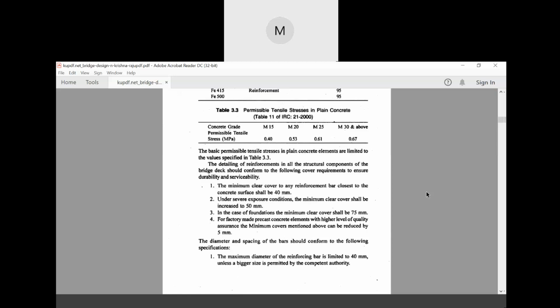Now here are the basic permissible tensile stresses in plain concrete elements, and these are limited to certain values that are specified in this table.